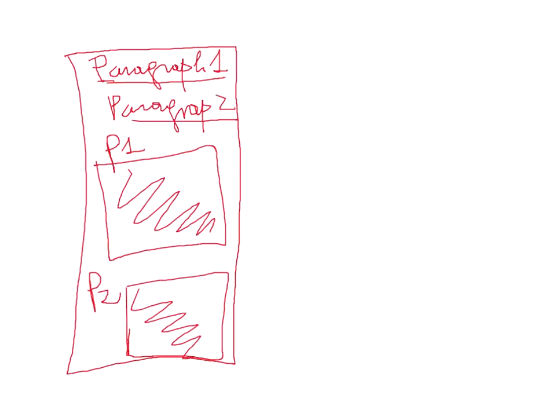When we click on paragraph 1, we will be moved to paragraph 1 in the same web page, and when we click on paragraph 2 we will move to paragraph 2 in the same page. So in HTML, how can we create this link?